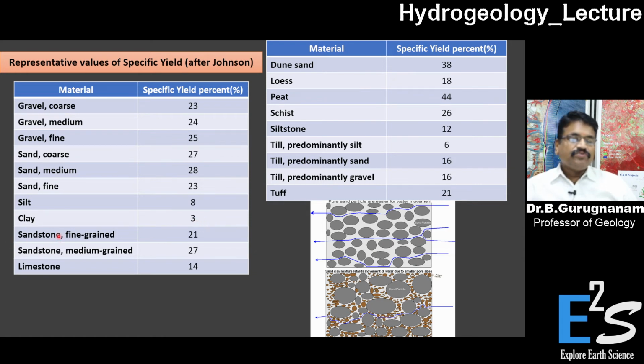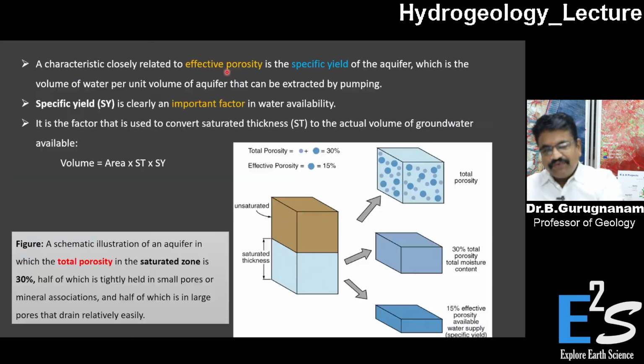And in sandstone, fine grained 21 and medium grained 27, and in limestone it is 14%. Dunes 38%, loess 18%, peat 44%, schist 26%, siltstone 12%, till, prominently if it is silt, sand and gravel, it varies between 6 to 16, and in tuff it is 21%. So this is referred from Johnson.